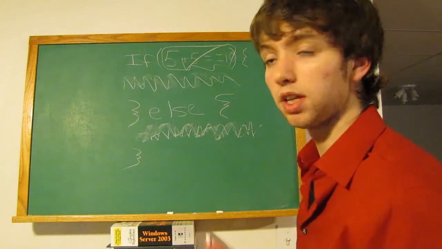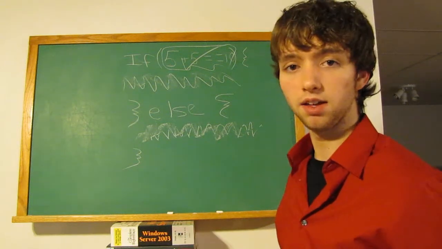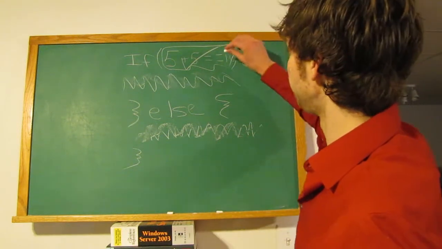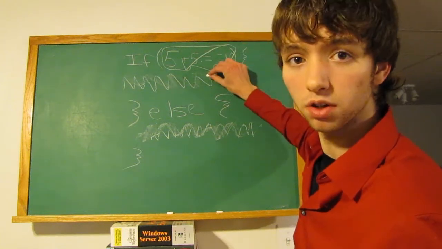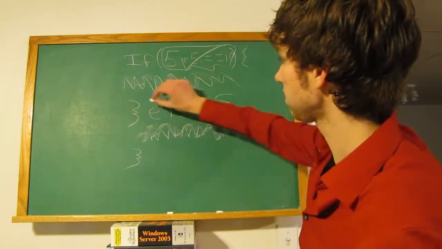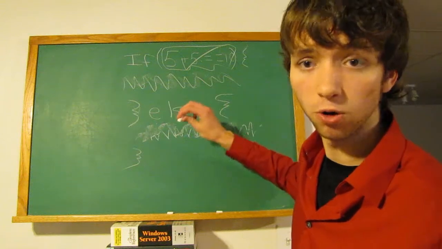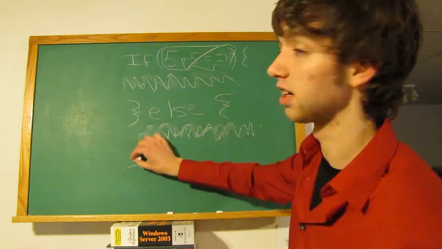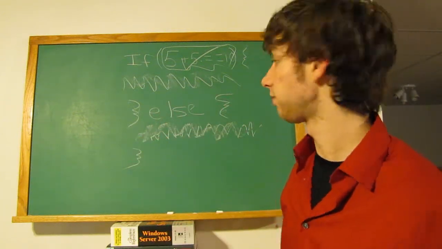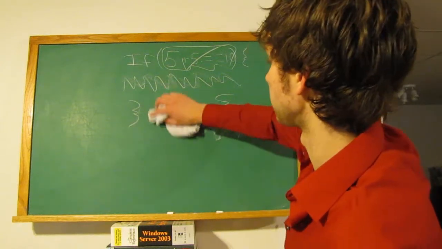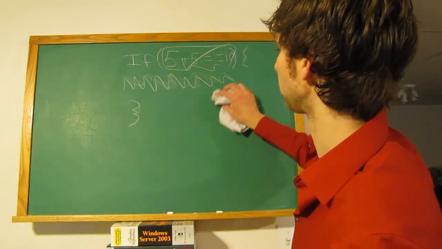Right? So it's a conditional. If it's true, it'll run the first brackets. If it's false, it's going to run these second brackets. If you don't want it to do anything when it's false, then just erase this entire else clause.